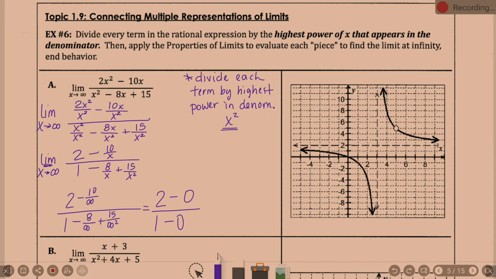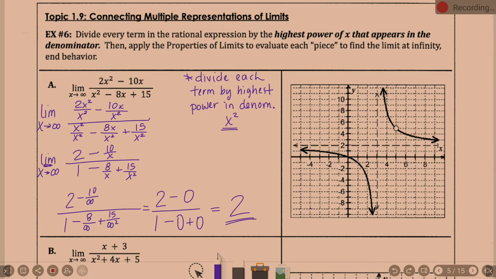Now, infinity squared, that's still just infinity. And I'm going to do 15 divided by that ginormous number. 0. Are you following the train of thought here? Yeah. Okay, we have people who think this way in calculus. Now, what's my answer? 2 over 1, which is 2.